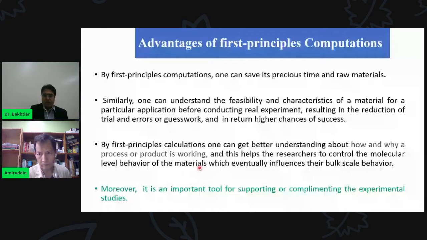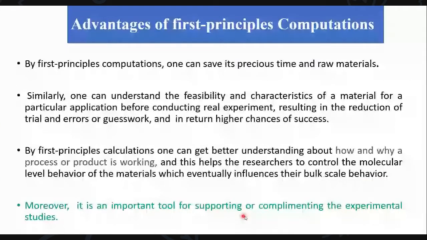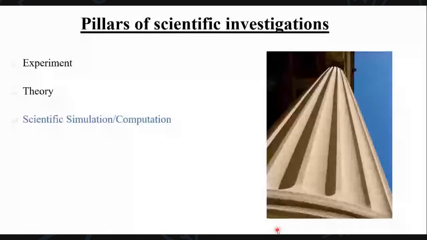Moreover, it is an important tool for supporting or complementing the experimental studies. Therefore, the first principle approaches have become an important pillar of scientific investigations under the umbrella of theoretical investigations.